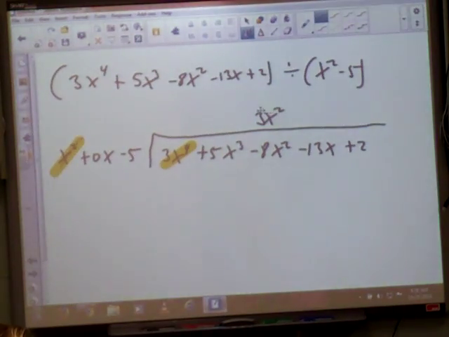Alright, distribute 3x squared to all 3 of these. So 3x squared times x squared is 3x to the 4th. 3x squared times 0x is 0, but I'm going to go ahead and put a 0x cubed just so I've got like terms lined up there. And then 3x squared times negative 5 is negative 15x squared.